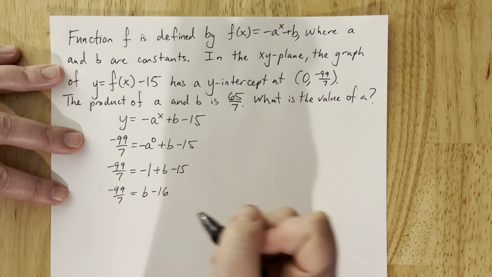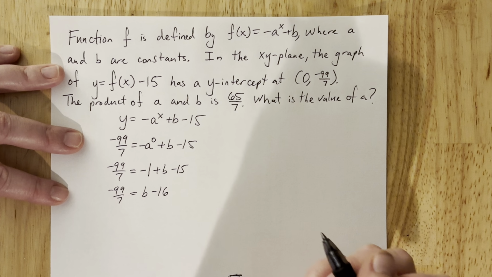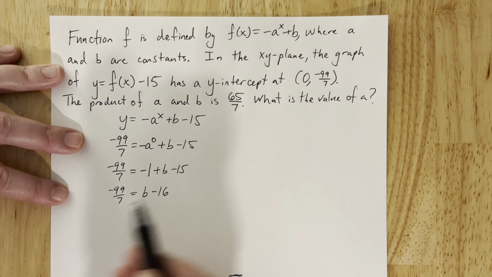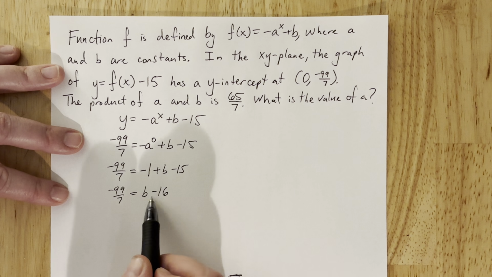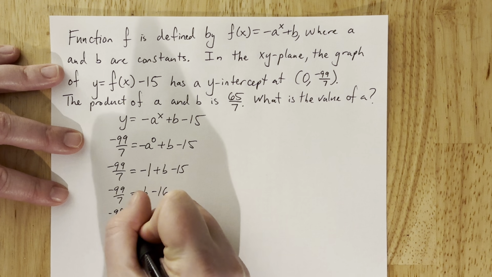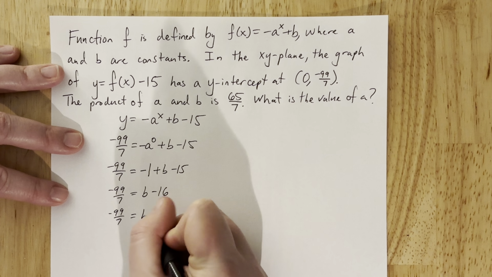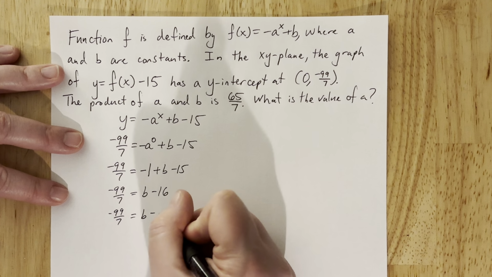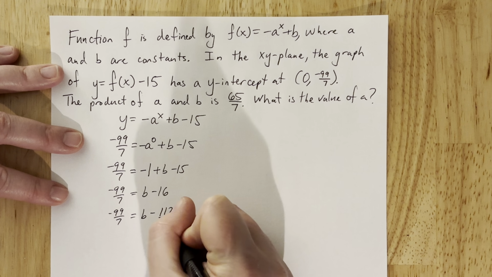I'm going to add 16 to both sides. Well, before I do that, I want to make sure that my denominators are the same. So I'm going to figure out, what's 16 if it had a denominator of 7? So that'd be negative 99/7 equals b minus, let's see, 16 times 7 is 112, so 112/7.